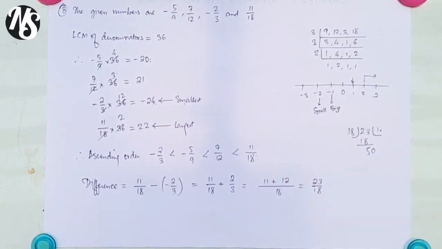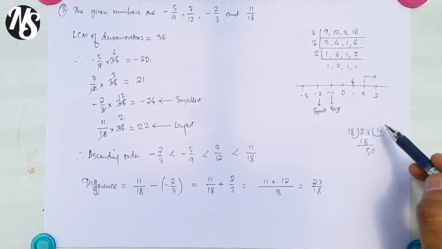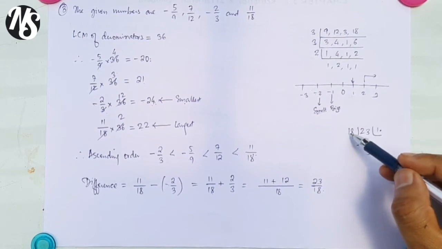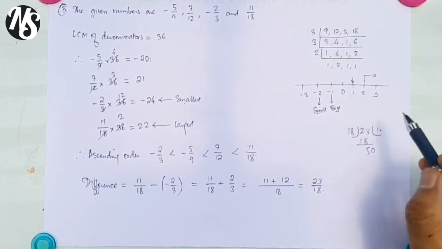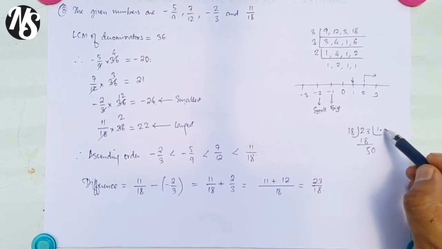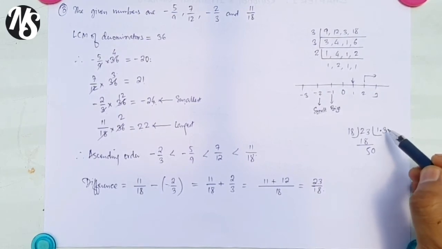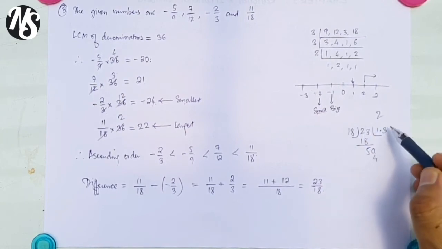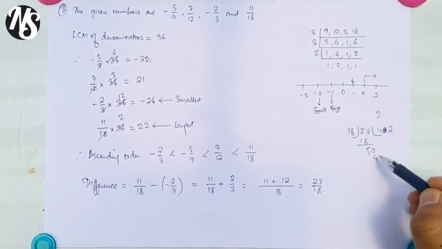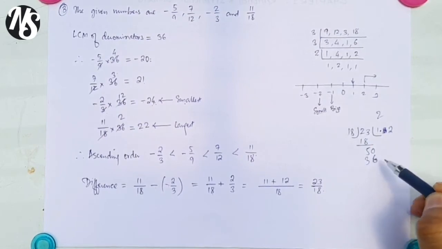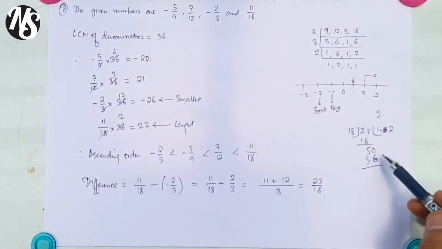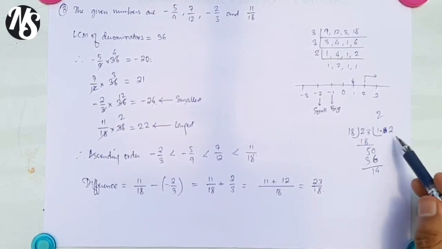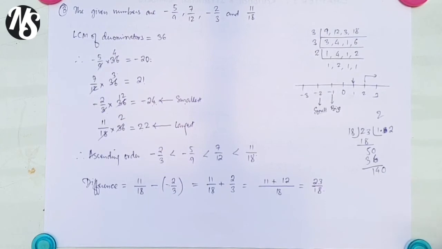If I do 3 times, let's see how much we get. 3 eights are 24, carried over 2, 3 ones are 3 plus 2 is 5, 54. So you cannot put 3 here, so put 2. 2 into this is 36. So how much is this? This is 14. Again, due to the decimal, we'll put 0.